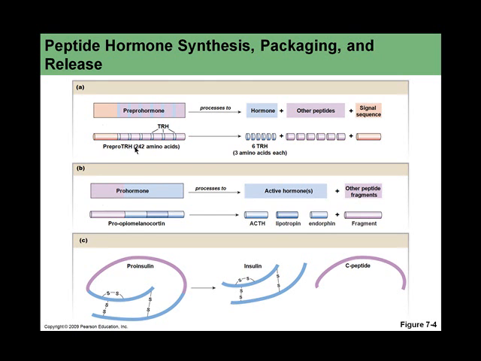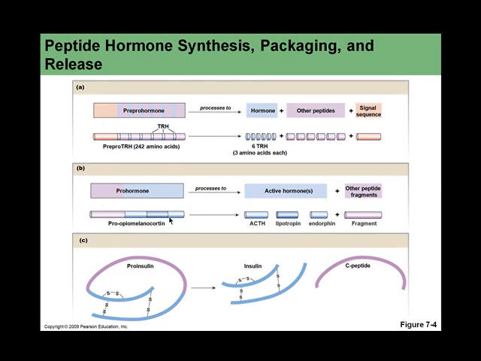So the pre-pro TRH, thyroid releasing hormone, is 242 amino acids, and then it gets enzymatically cleaved to the hormone and other peptides, and there's 6 TRH tripeptides, 3 amino acids each, within each pre-pro hormone. So you get a lot of bang for your dollar, right? And then, of course, don't forget about the signal sequence, since this is the pre-pro hormone shown here in that pinkish-orange color.